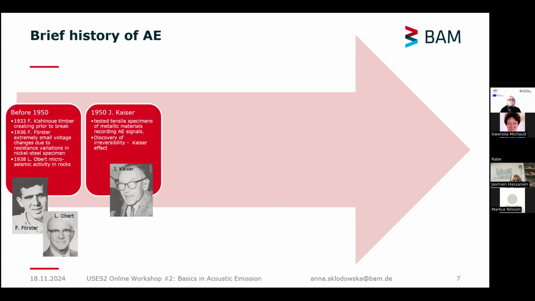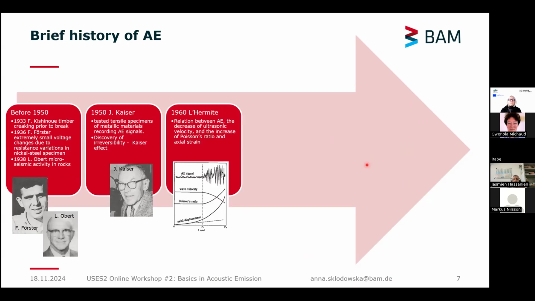It's often quoted that acoustic emission history started in 1950 with the publication of Kaiser's dissertation. He was working using a metallic specimen, and he is the father of the concept of irreversibility called the Kaiser effect, which I will talk about more later.